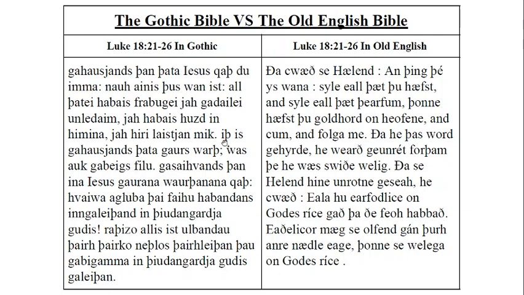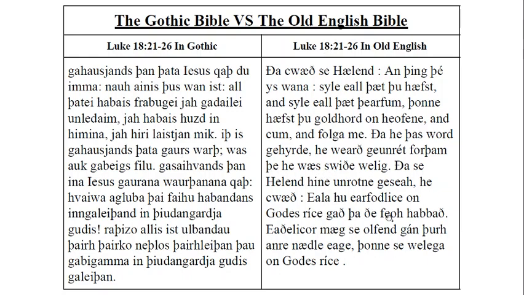So in the middle here is a really good example. If is gahausjands þata is literally sort of "when he hearing that," and the Old English says he das word je heerde, which is "when he that word heard." So it's using an active verb to construct it rather than a participle.